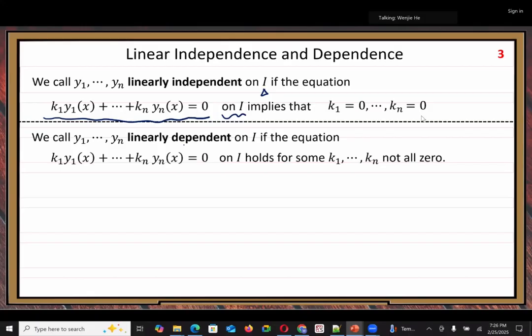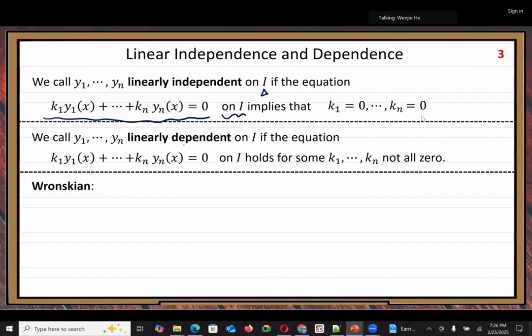So not all 0. Some of them may be 0, it's okay, but not all 0. So these constants k1, k2, k3, through kn, not all 0. Then we say these n functions are linearly dependent. That's the definition.